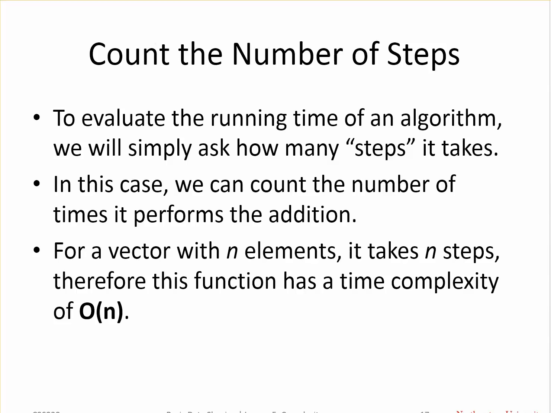Therefore, this function has a time complexity of O of n because it increases linearly with the size of the input. So that's its asymptotic, or behavioral, assessment of the algorithm.